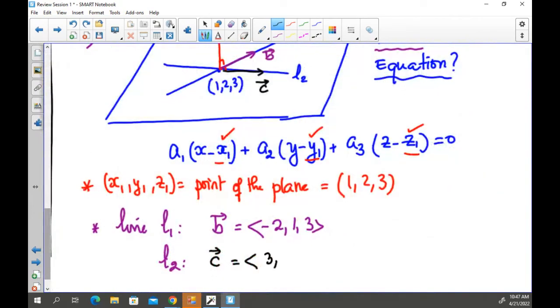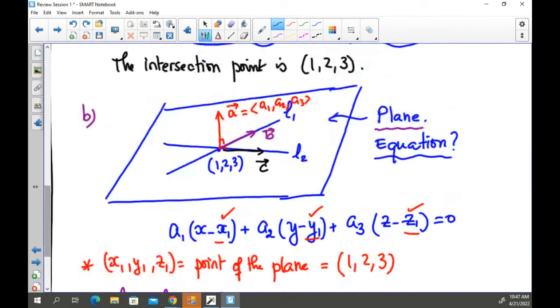So get these two vectors. Now, if you have a vector B here, now you do the cross product without the magnitude. No, we don't need the magnitude.